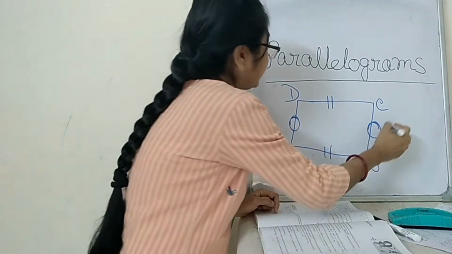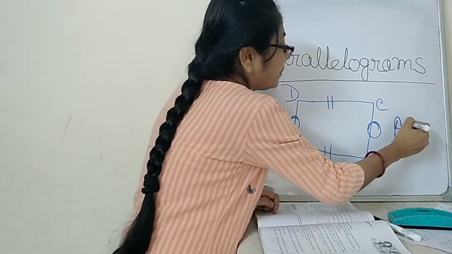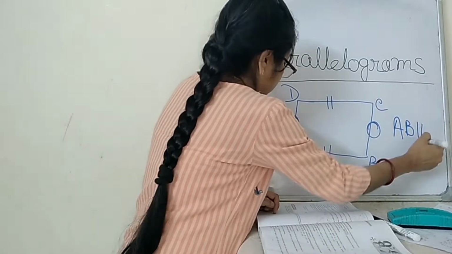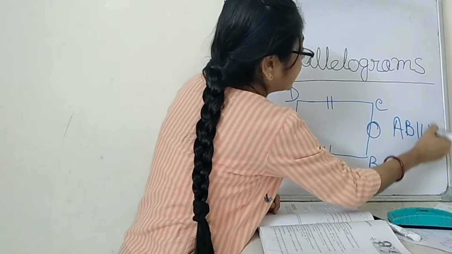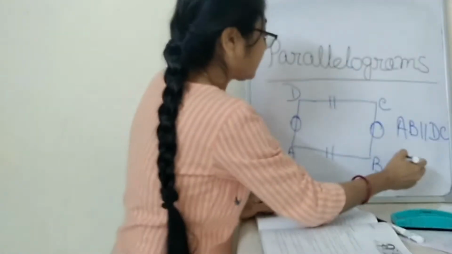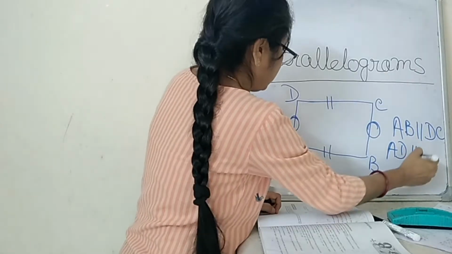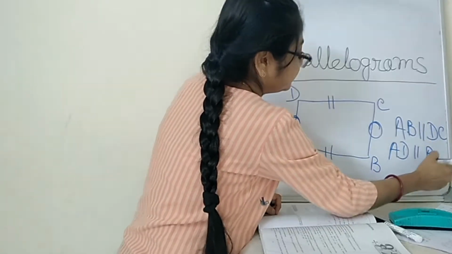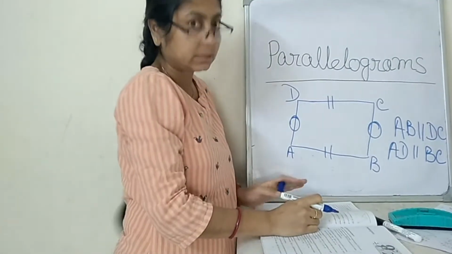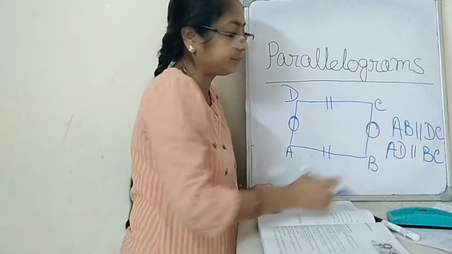So how can I write? I can write AB parallel DC. And one more thing, AD parallel BC. Clear? Can I go to the next one?